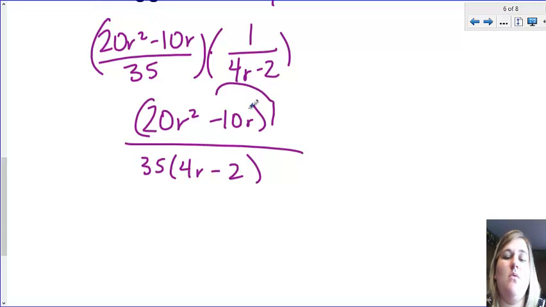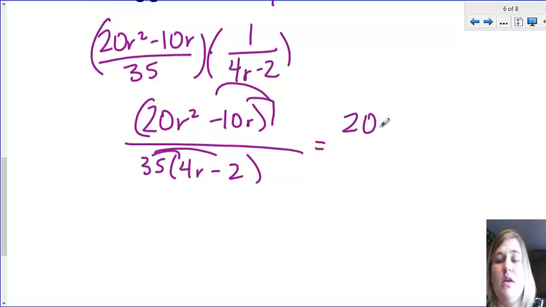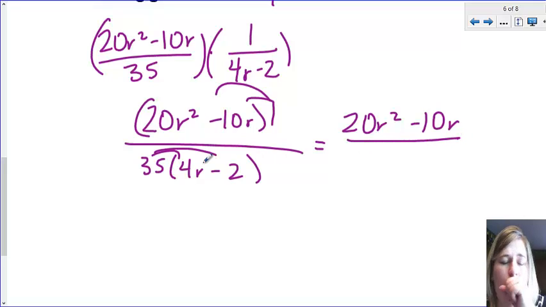So if I distribute my 1, distribute my 35, okay, this top is going to stay the same, 20r squared minus 10r over, on the bottom, 35 times 4r, 35 times 2 is 70, so times 4 would be 140 r, minus 35 times 2 is 70.